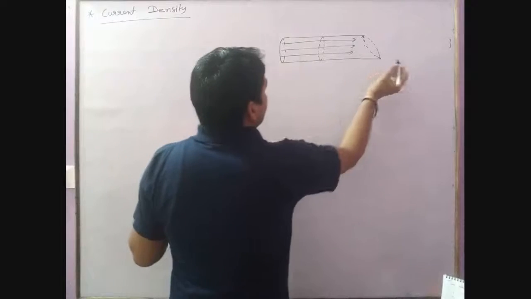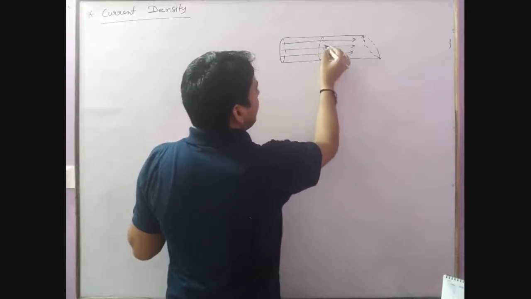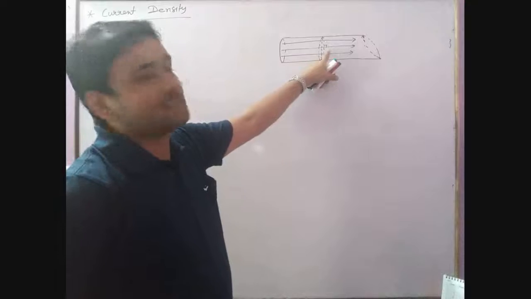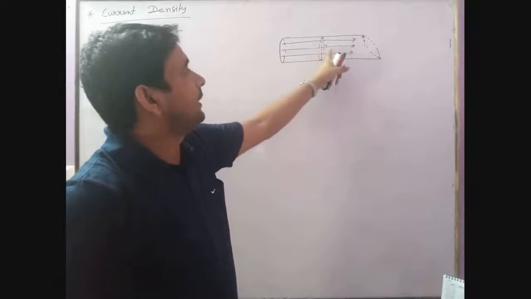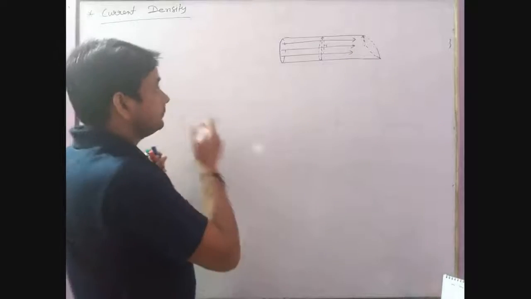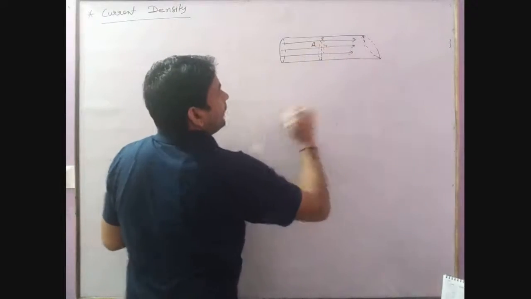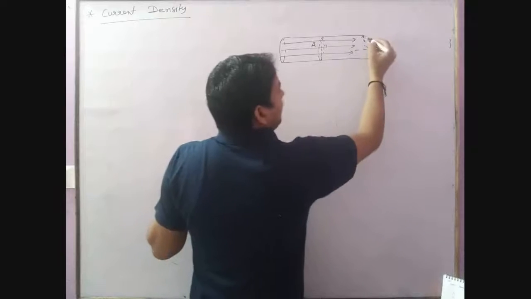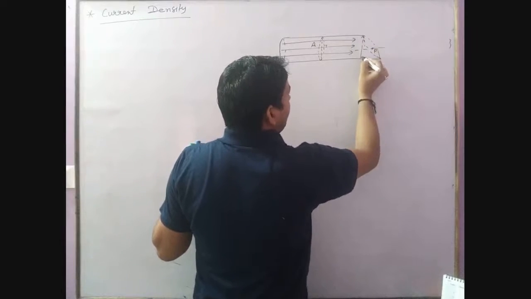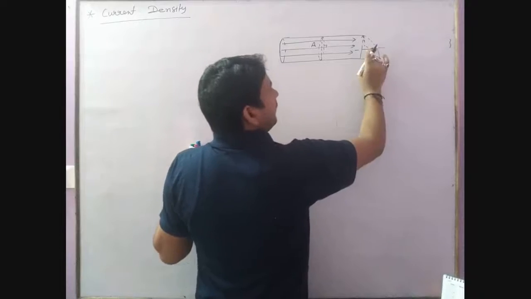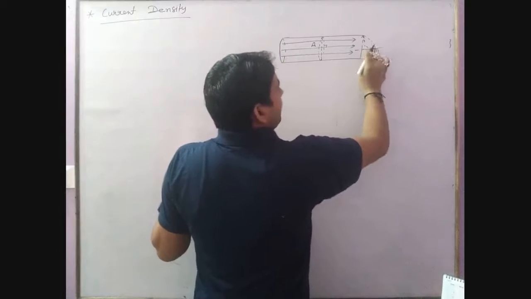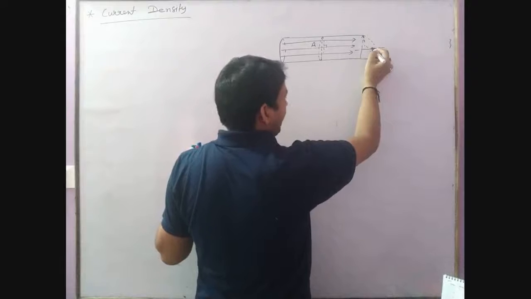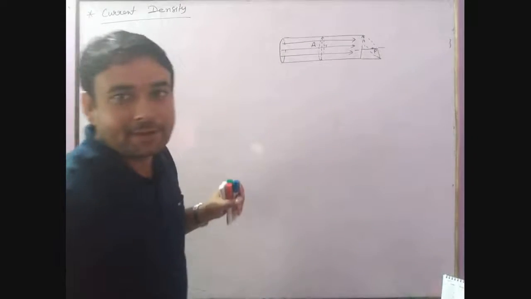Here the motion of current across the cross section is perpendicular, so we find here the maximum current is moving through point A. But at, let's say, point Q, it will be at an angle, so the area of cross section is not perpendicular to the current, and we find that less current passes across the cross section.